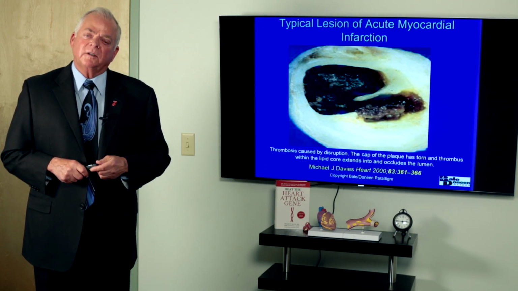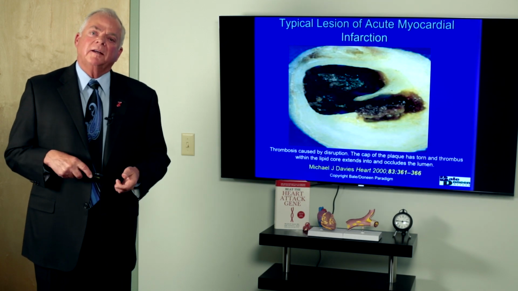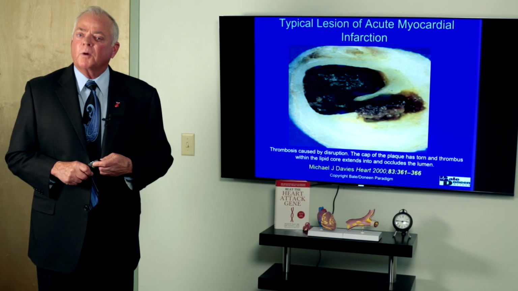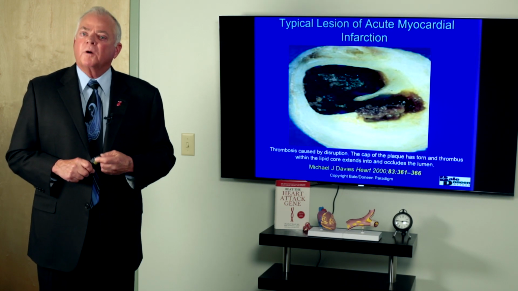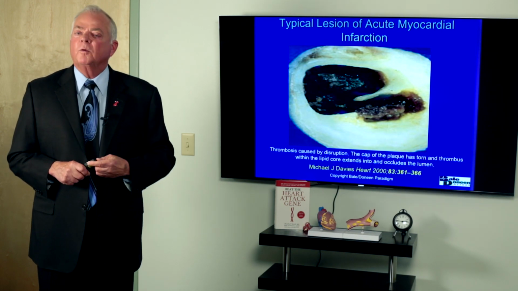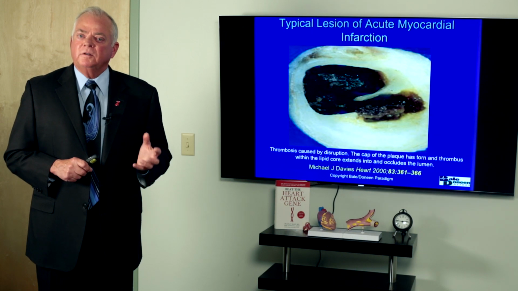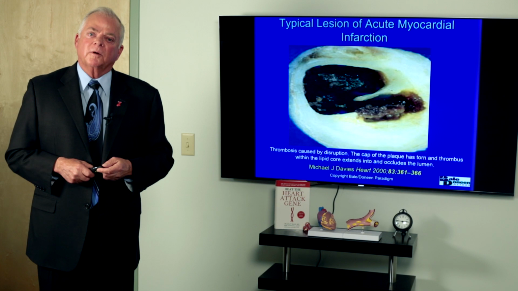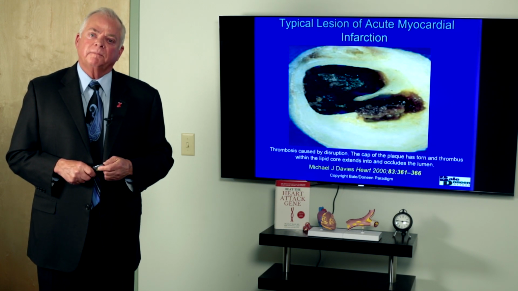And what you can see is the lining that was sitting above where the cholesterol buildup was broke. And when it broke, the big clot formed, and the clot was so huge that it squeezed back into the space where the cholesterol had been.